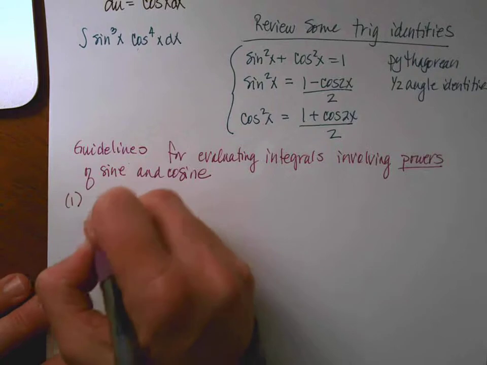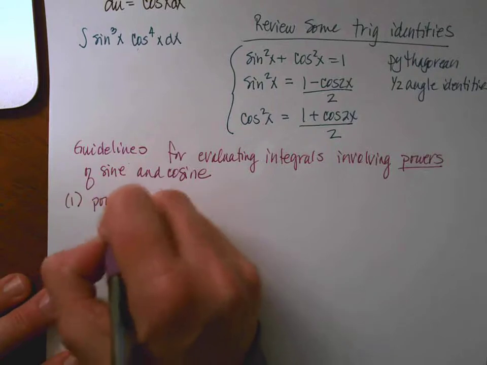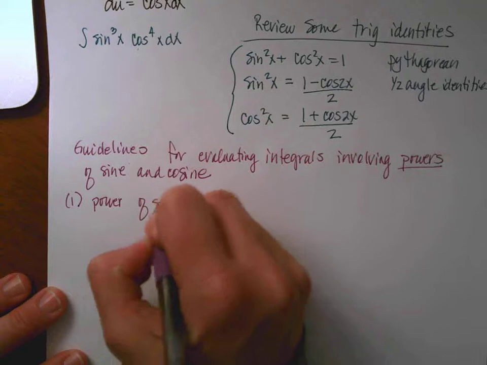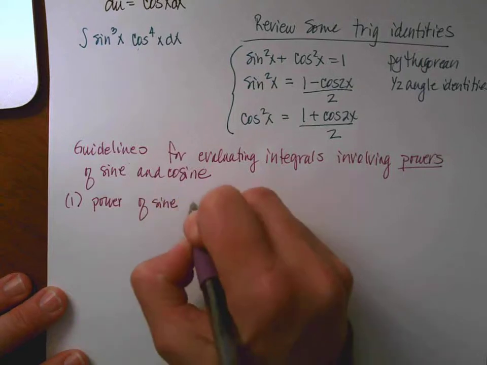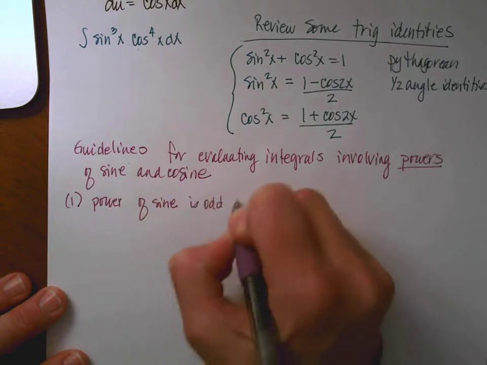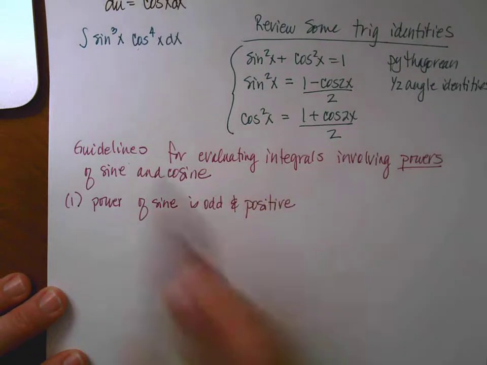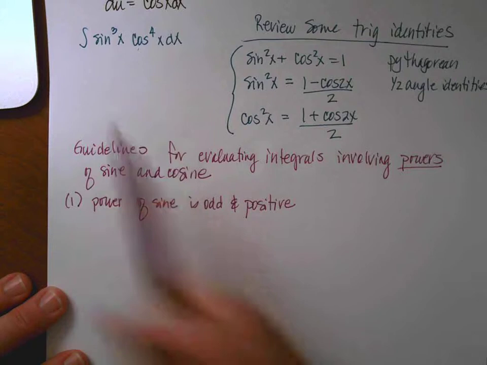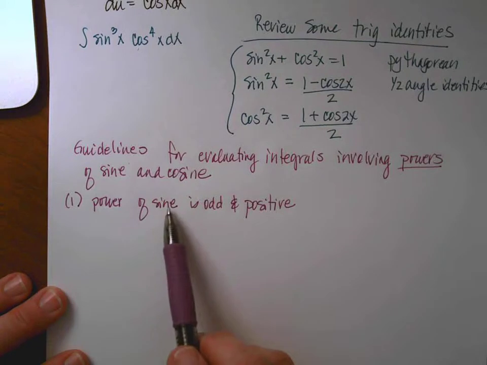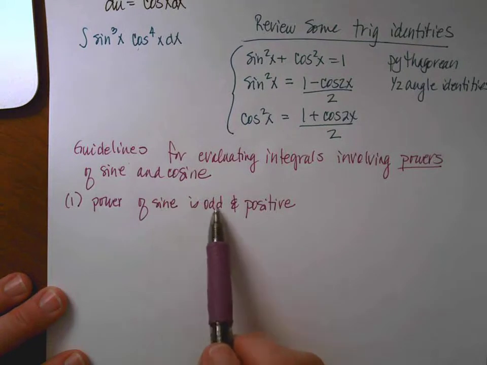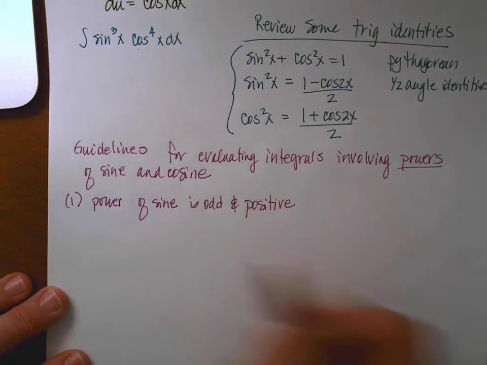So the first guideline would be, if the power of sine is odd and positive. So we're going to be looking at the given integral, and we're going to be evaluating, is the power of sine odd and positive.